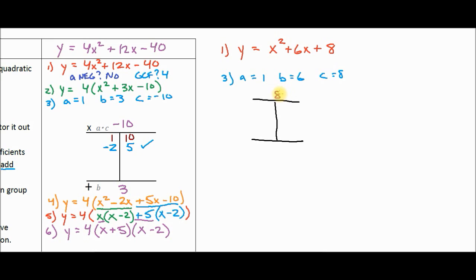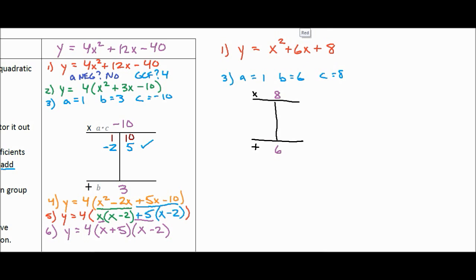On the bottom, we're going to write the value of B, which is 6. And what step 4 is asking us: find the two numbers that multiply together to give us 8 and add together to give us 6. And I'll put a little multiply here so you guys are reminded. Multiply to give us 8 and add together to give us 6.